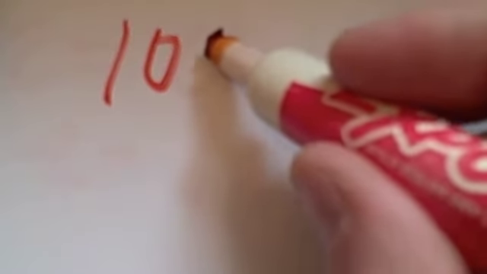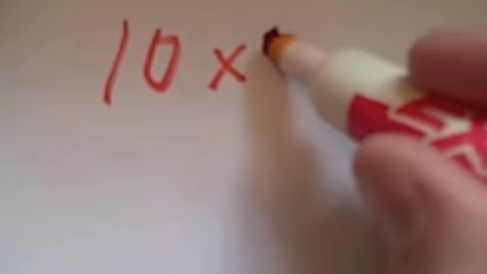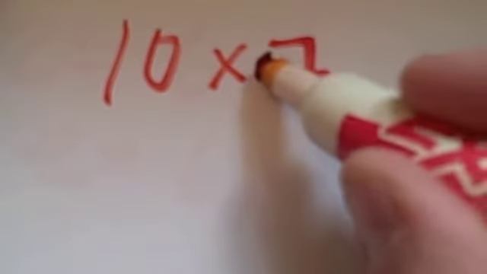Okay. The next bit is slightly harder, which is where we're taking, say, 10 again, and we're going to multiply it by a minus number. So by minus 7.